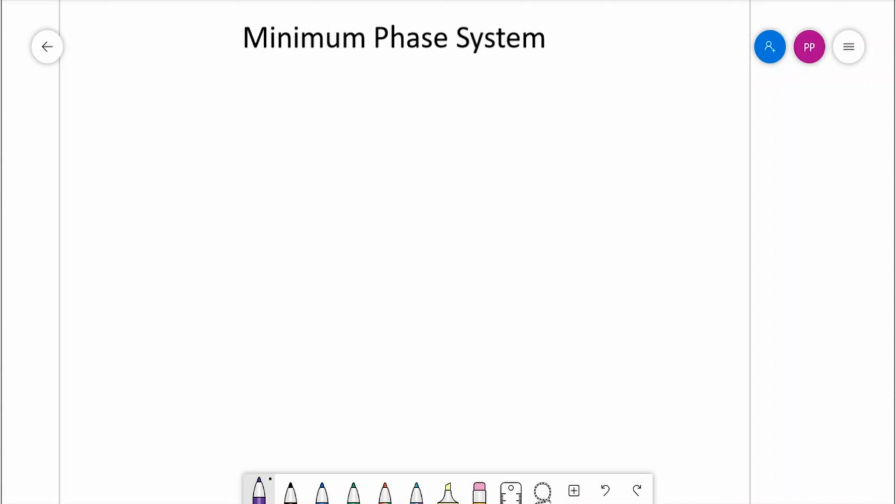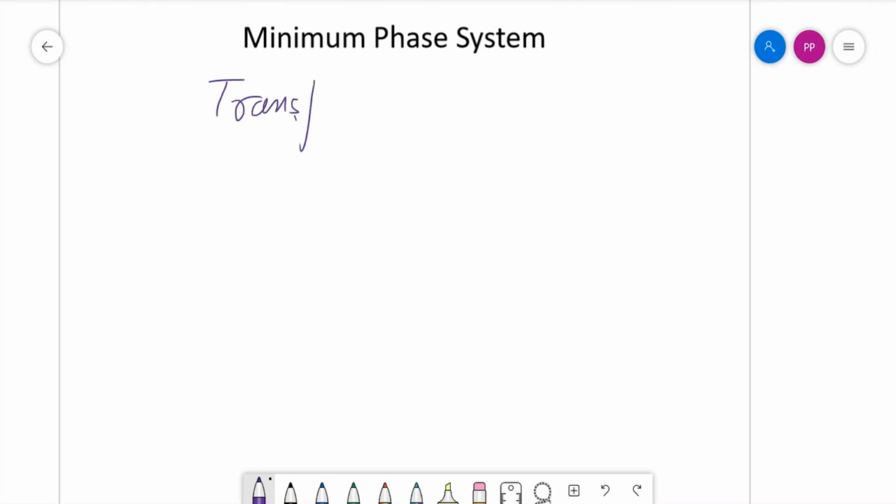If all the poles and zeros are on the left half of the S-plane, then the phase calculation will give the minimum value. This is in comparison to the other topic, the non-minimum phase system, where the phase is a bigger amount. So such a system model with all poles and zeros on the left half of the S-plane defines a minimum phase system, and the transfer function will be given like this.